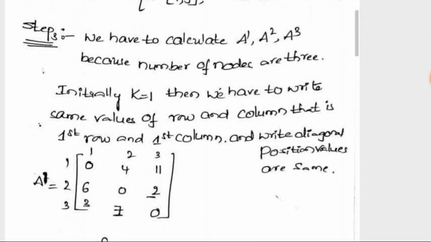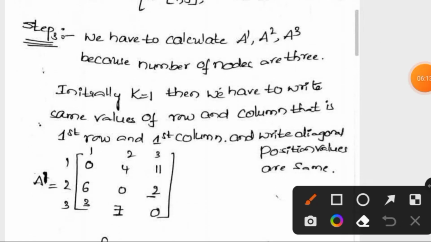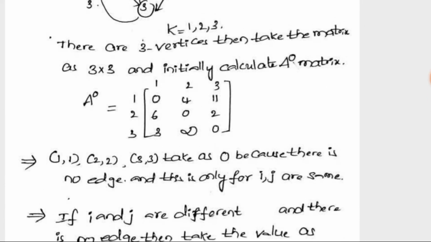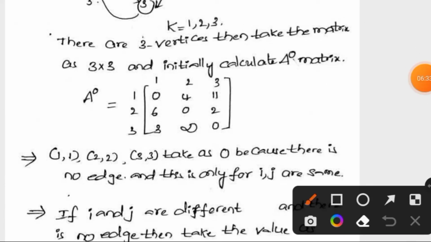See here, step 3. Initially we take k equal to 1, which means we calculate A power 1. If k equal to 1, then from A power 0 we take the same first column and first row. We are in step 3, calculating k equal to 1, that is, A power 1.